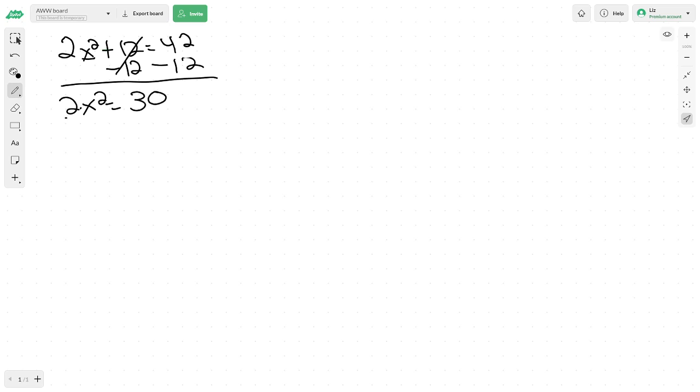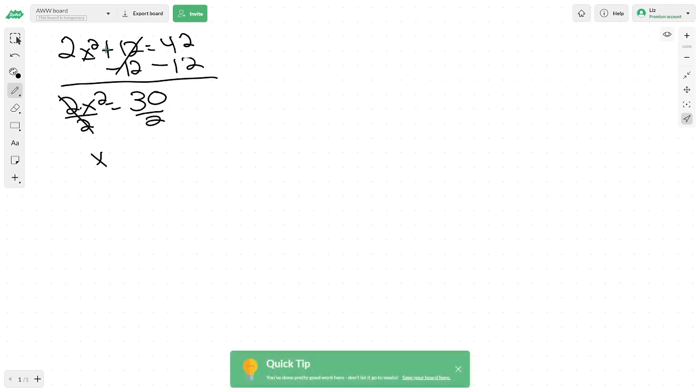Then, since this is being multiplied, I need to do the opposite, which is divide. And I get x squared equals 15. Now, since x squared is by itself, I can take the square root of both sides of the equation, and I get x equals positive or negative square root 15.